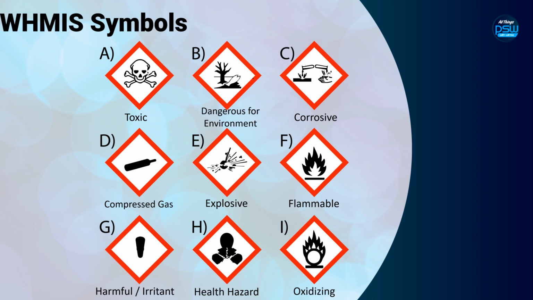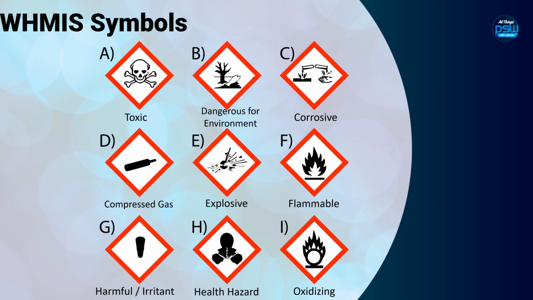But the only thing that I will call out, and a lot of people don't recognize, is that there is a difference between F and I. If we look closer at F, you can see the flammable symbol is like a fire inside. Then if you look at the very last one, which is I, it's oxidizing.